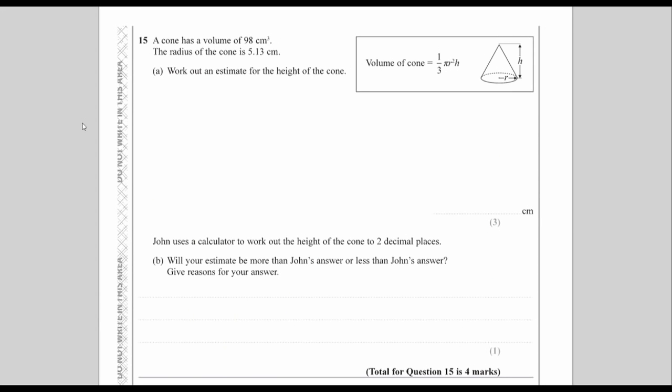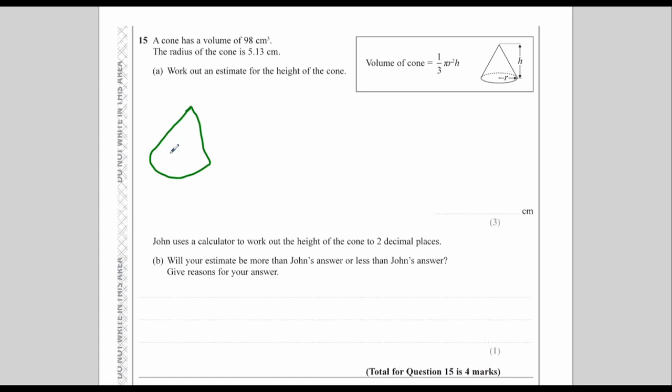Question 15. A cone has a volume of 98 centimetre cubed. The radius of the cone is 5.13 centimetres. Work out an estimate for the height of the cone. And it's given as a formula, that's nice. This used to be a formula given in the older style exams as well.